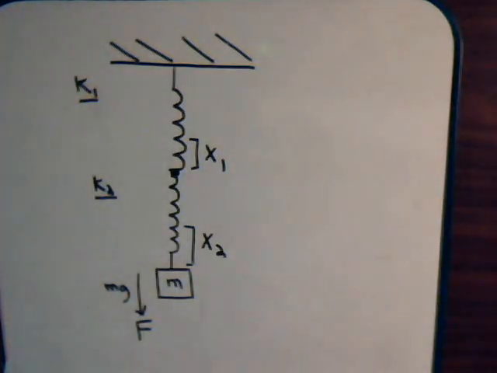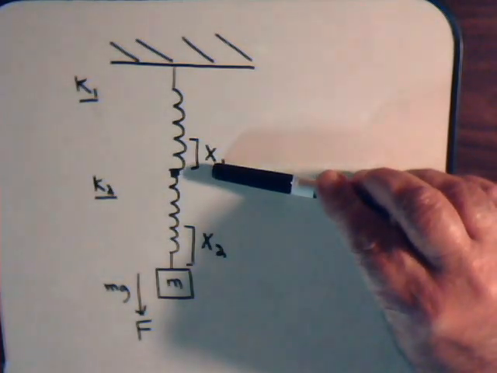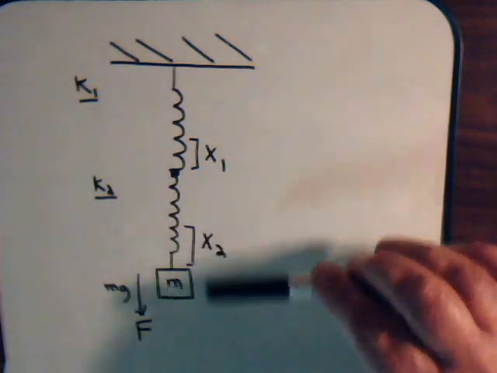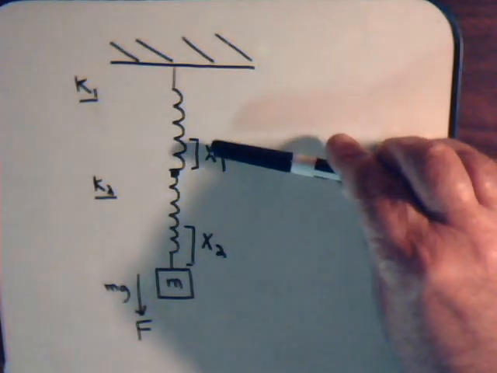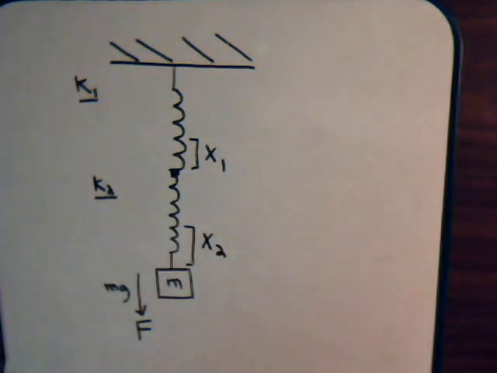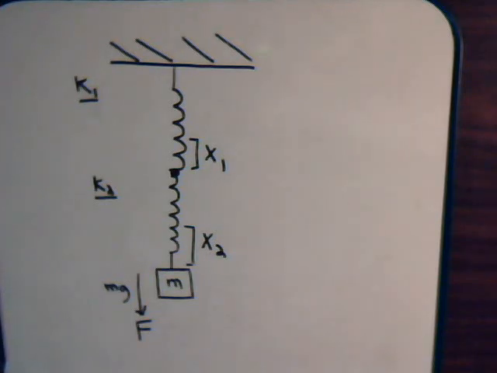And if you watch that happen, you'll notice that each individual spring gets stretched out a different distance. So spring 1 would be, say, stretched out by a distance x1, and spring 2 would be stretched out by a distance of x2.